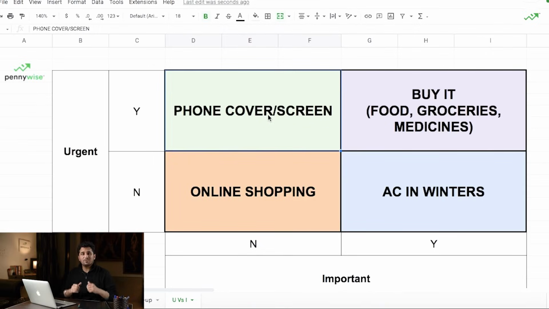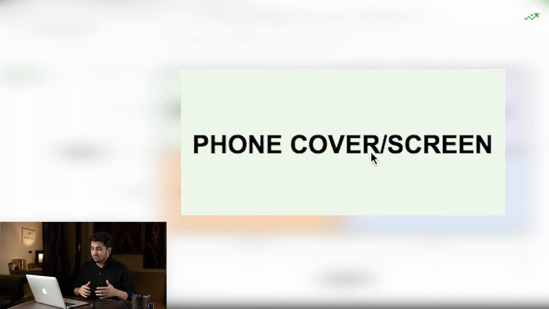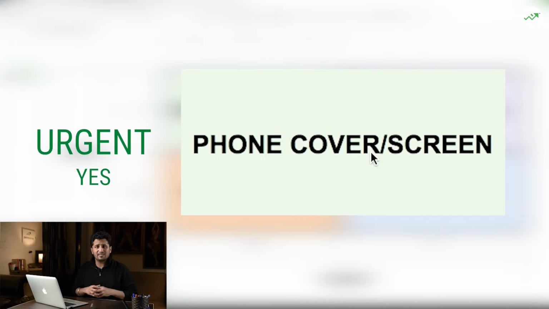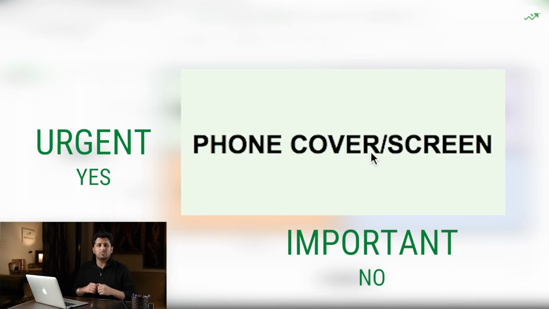The second quadrant is something that is urgent, yes, but important, no. This thing is urgent, but it is not important. Let's take an example. I was going out shopping, to visit and meet someone, and I dropped my phone all of a sudden and broke my tempered glass.